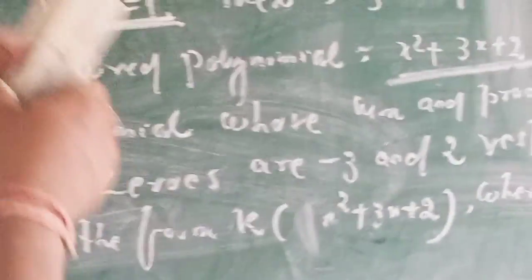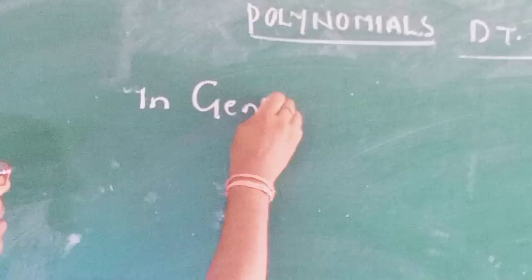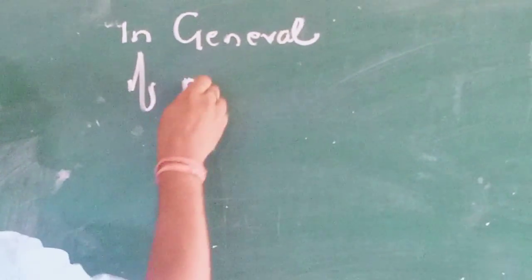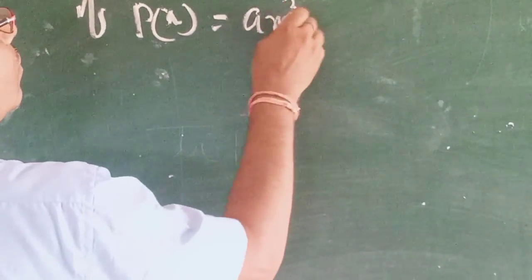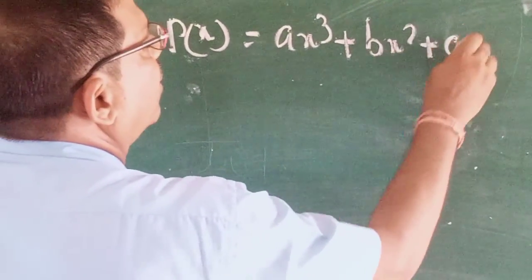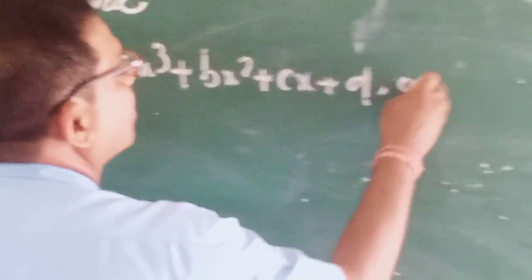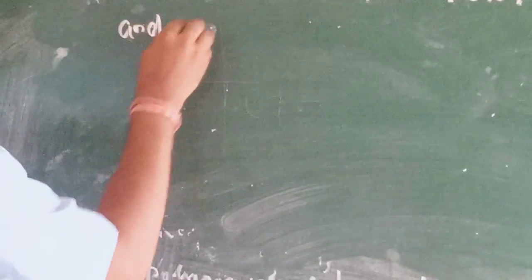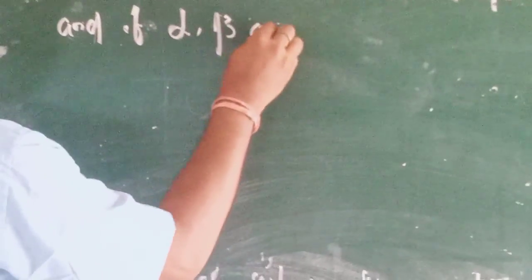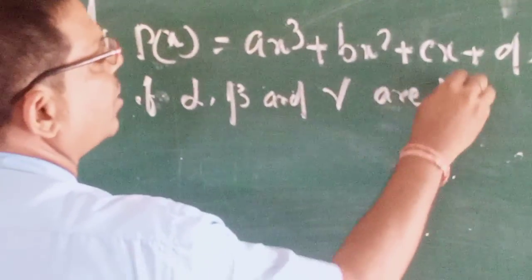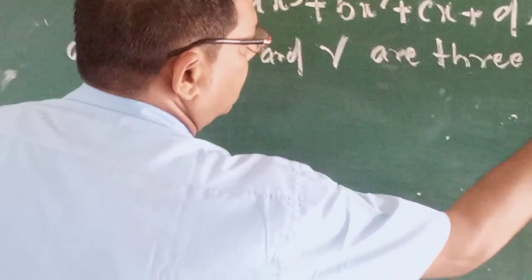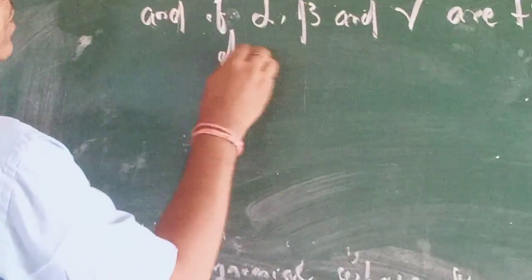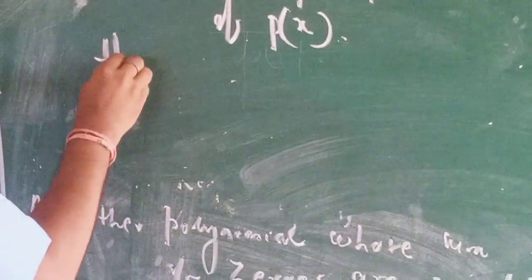So in general, if p of x is equal to ax cube plus bx square plus cx plus d, where a is not equal to 0, and if alpha, beta and gamma are the three zeros of p of x, then what is written?